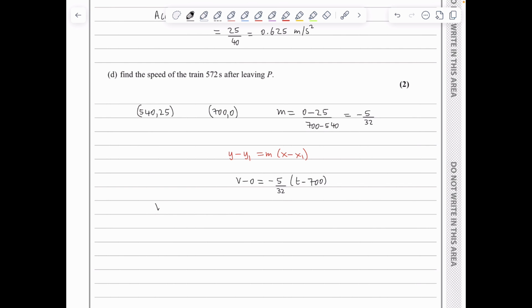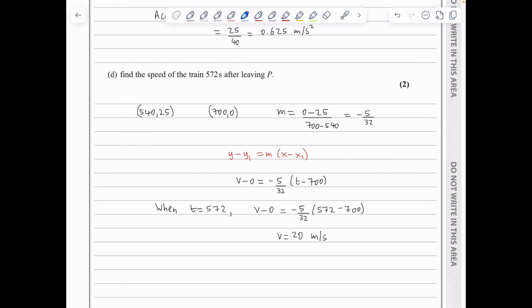I'll be substituting t with the value of 572. So we've got v minus 0 is equal to minus 5 over 32 times (572 minus 700). This leads to v being equal to 20, and therefore the speed at 572 seconds is 20 meters per second.